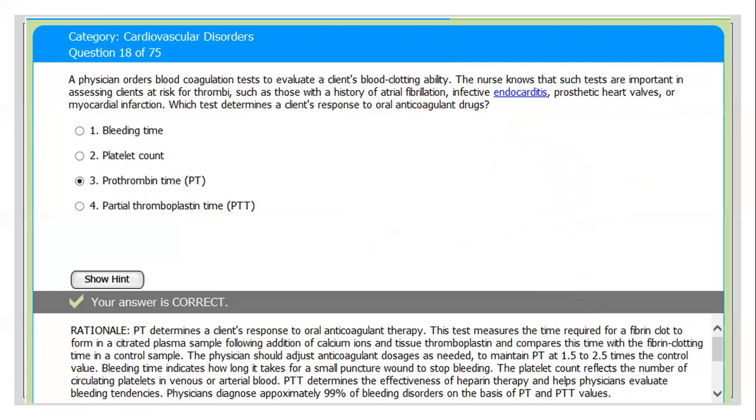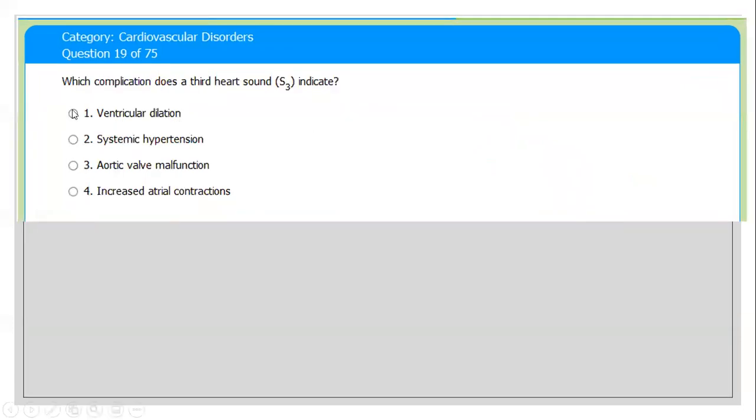What next? Here, which complication does a third heart sound indicate? So we know we have heart sounds, right? We have the common two heart sounds.